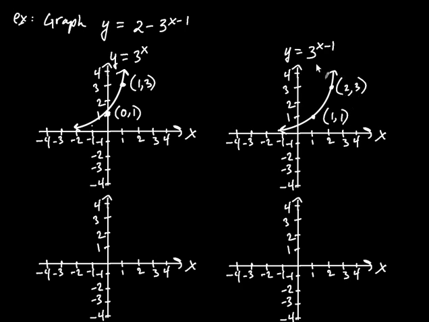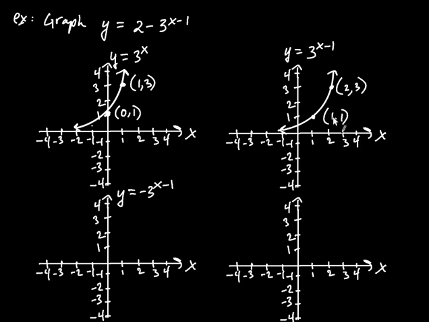Okay, so now we're going to transform this graph. What do we need to do? We need to multiply it by negative 1. So the graph down here is going to be y equals negative 3 to the x minus 1. What's the effect when you take a function and multiply it by a negative? It reflects the graph across the x-axis.